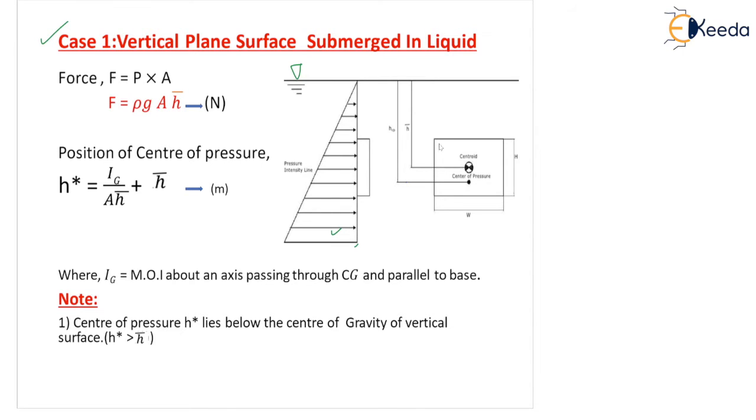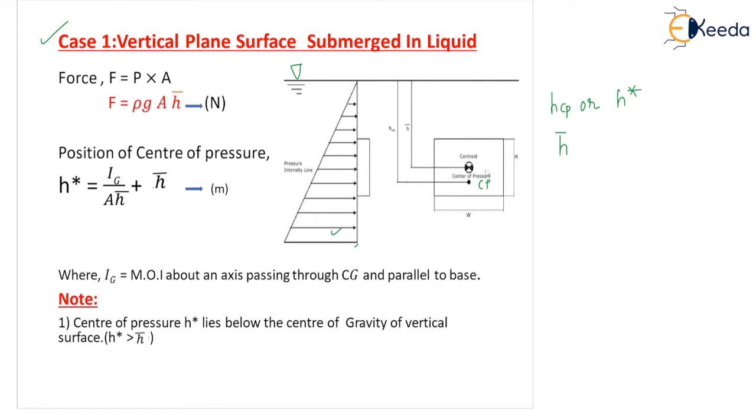This is the center of pressure Cp, and Cp distance is given by hCp, sometimes hCp or h star, as we have seen, h star. And this is the centroid here, that is Cg. Cg distance is given by h bar.